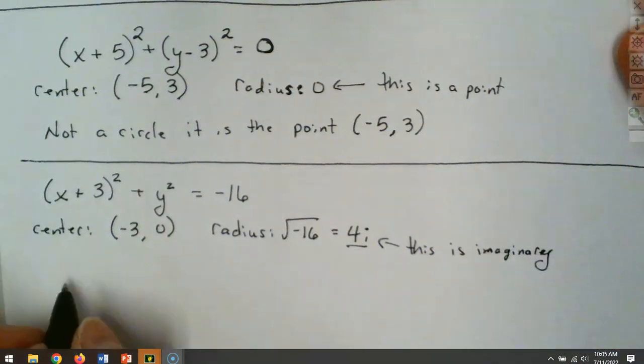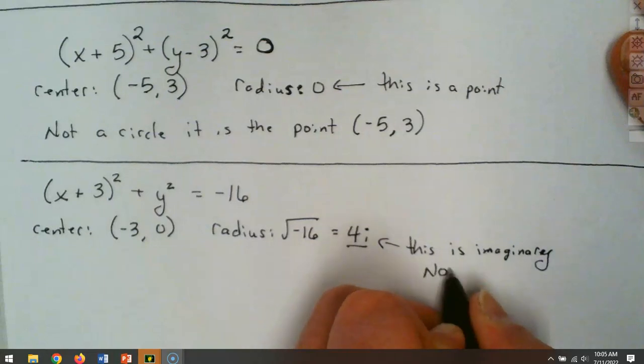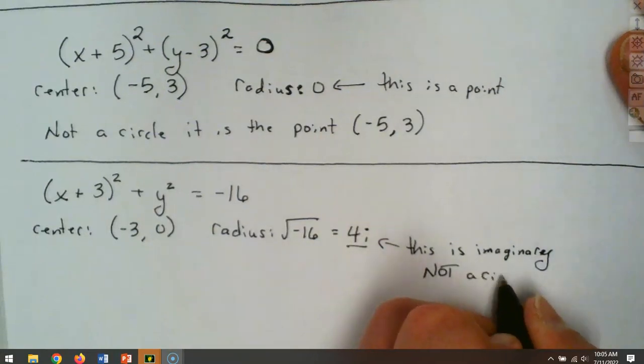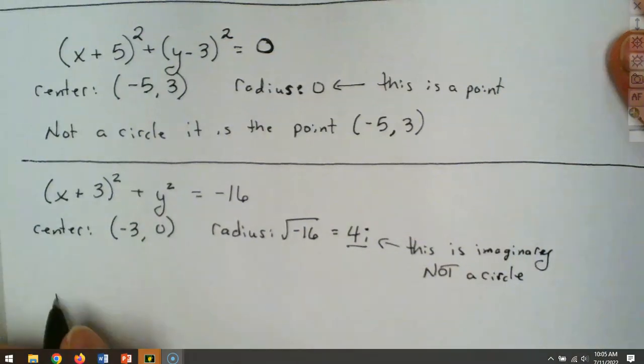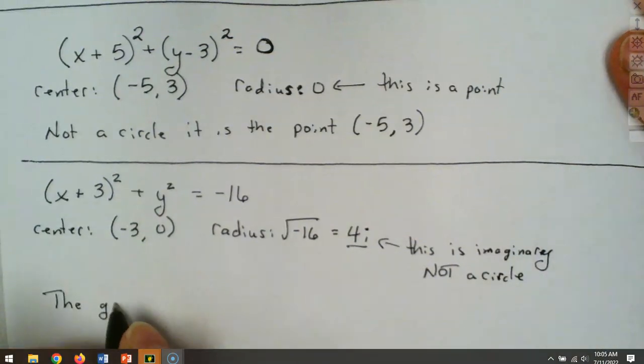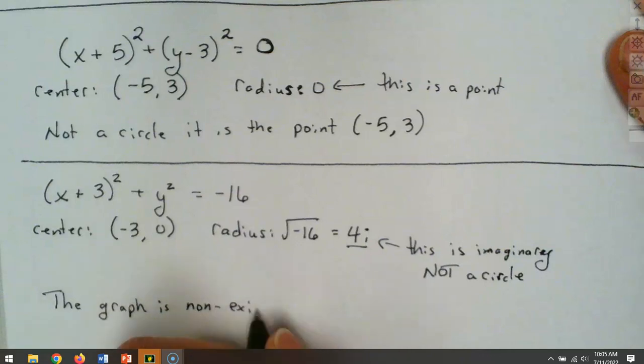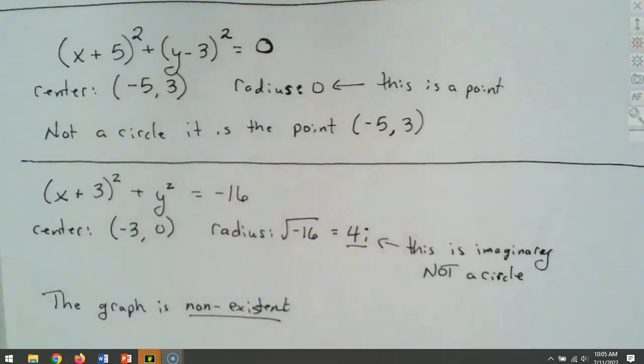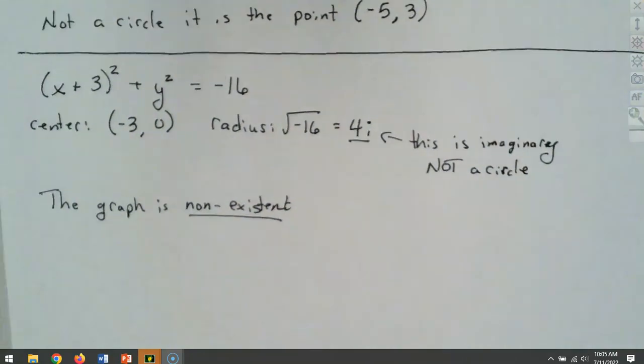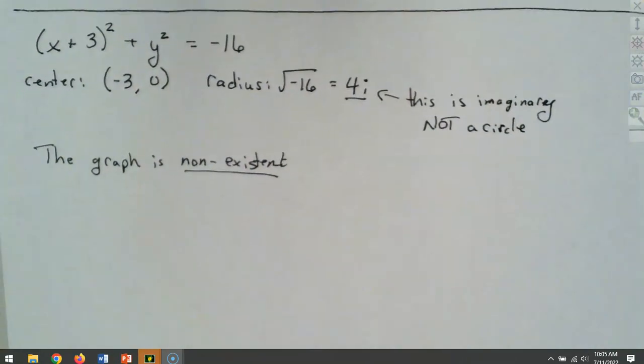The graph is non-existent, because it has an imaginary radius.